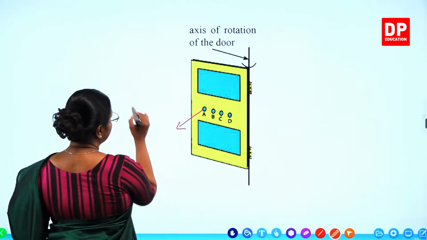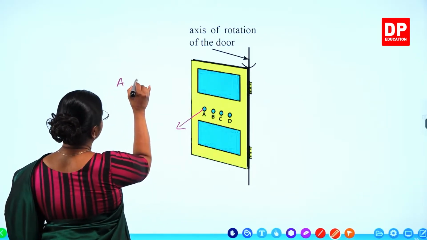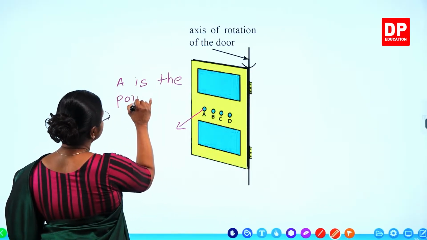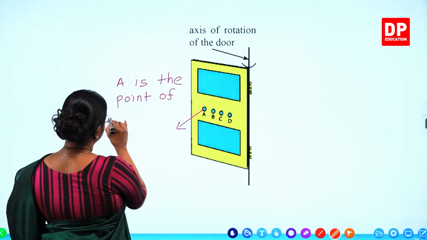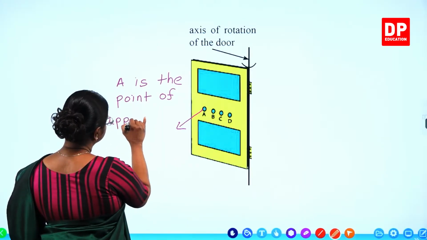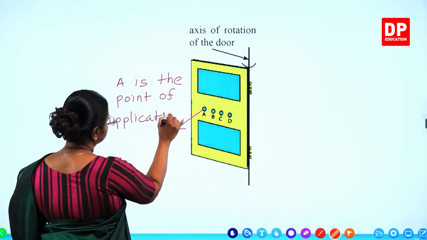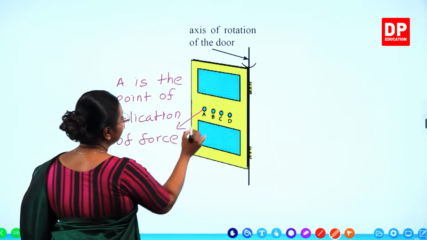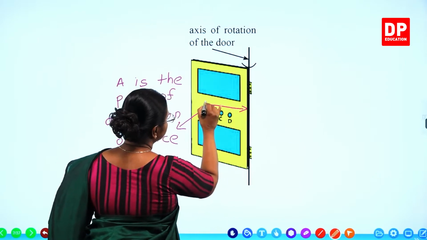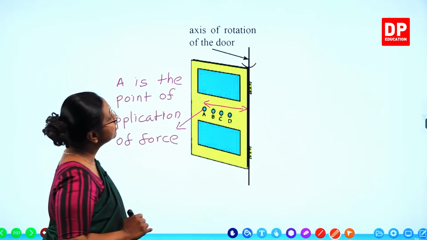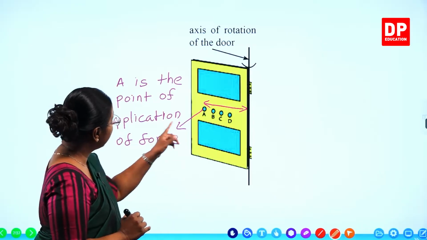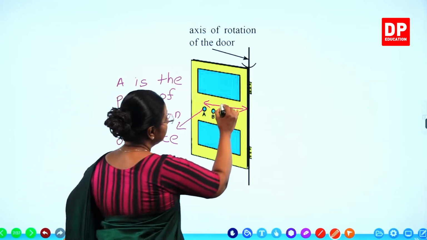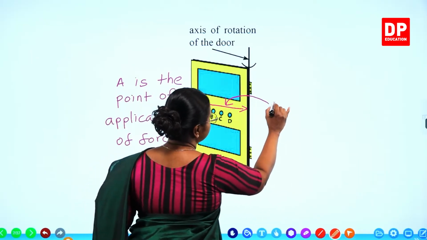So here A is the point of application of force. So between the point of application of force and this axis of rotation, that is what we call as the perpendicular distance. So this is the perpendicular distance.